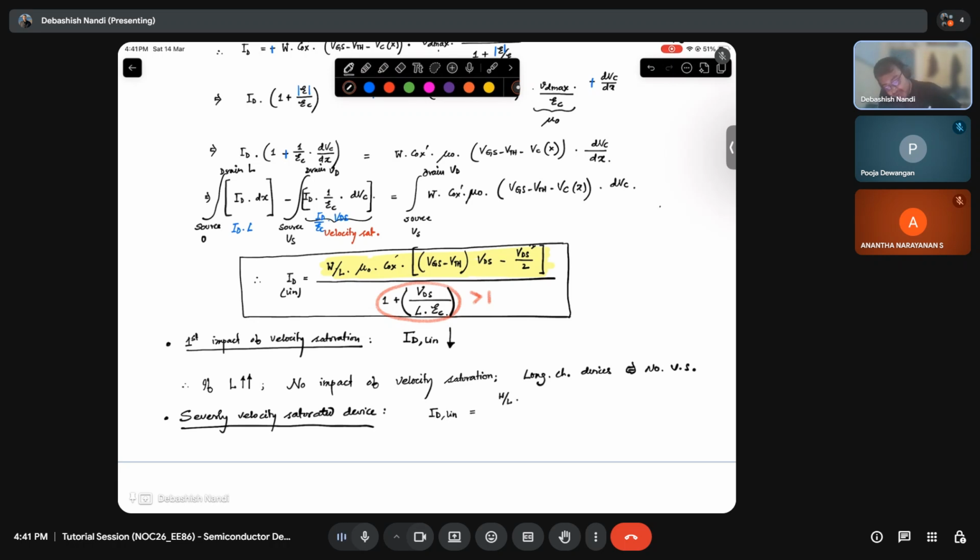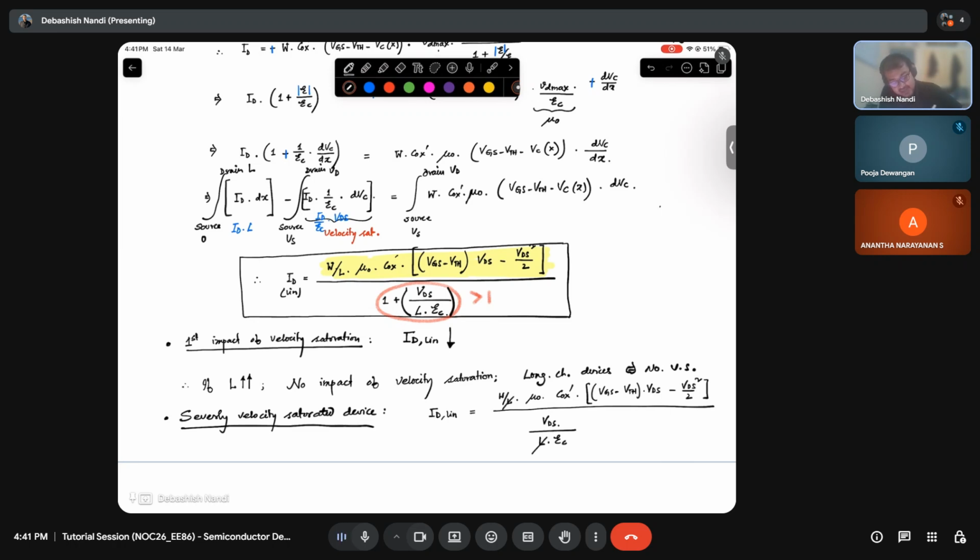W by L mu 0 Cox times VGS minus VTH times VDS minus VDS square by 2, divided by VDS divided by L times EC, right?